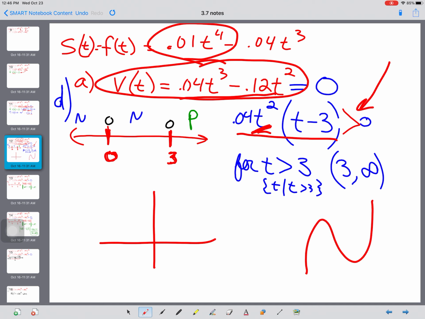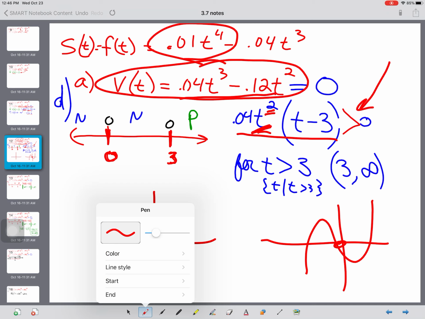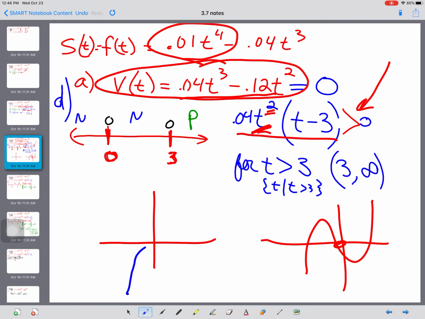But notice that this 0 happens twice. It's a squared, and what that means is the graph doesn't cross the x-axis at 0, it's just going to touch it. So the graph of this thing looks something like this. It's going to come up, touch at 0, and then touch and cross at 3.